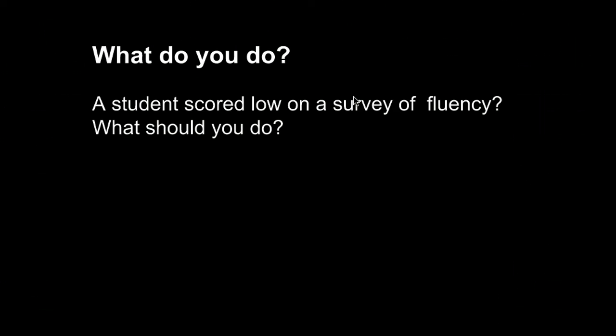So, a student scored low on a survey of fluency. What should you do? You gave him a piece, he scored low on his fluency measure. What do we do next? Go to the next level down, exactly.